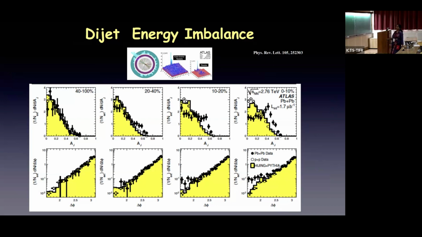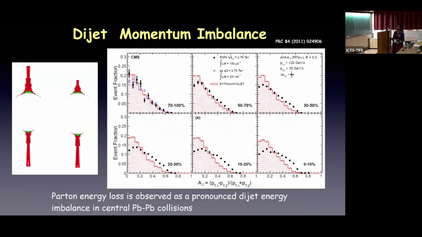More or less the change is not seen, but we see a little bit of deviation for central events, but that is not strong enough to make any statement. So the idea is that the delta phi distribution more or less stays similar. That means jets are mostly back to back, but that is also expected because that's how you choose your dijets.